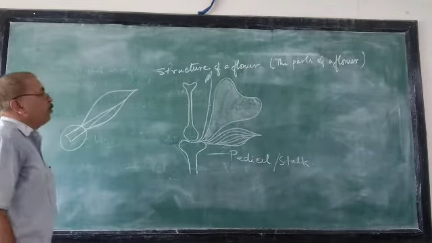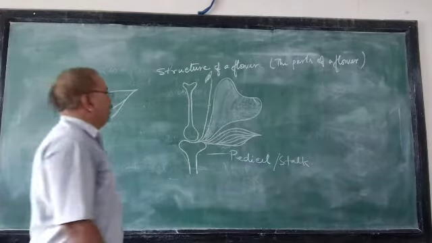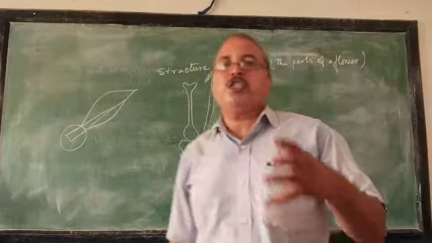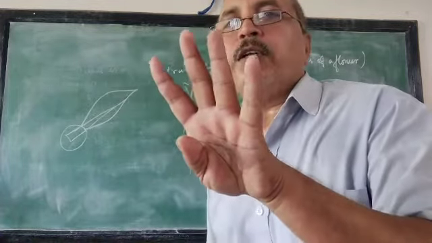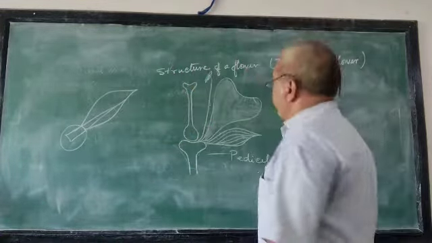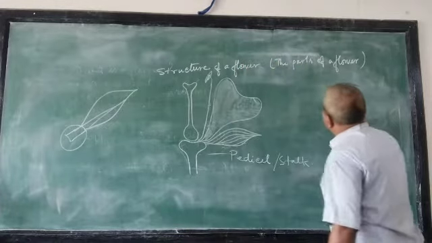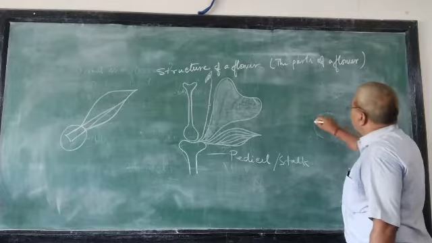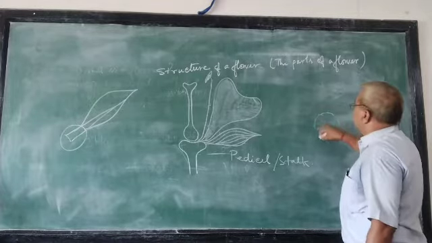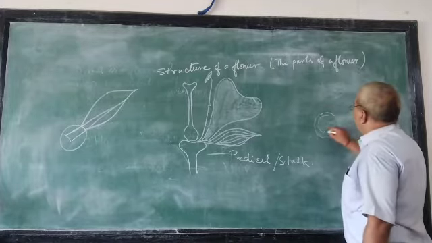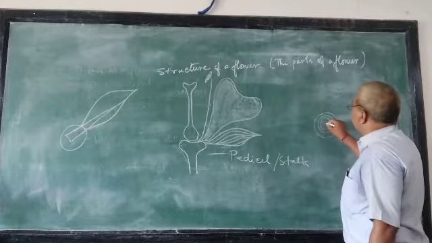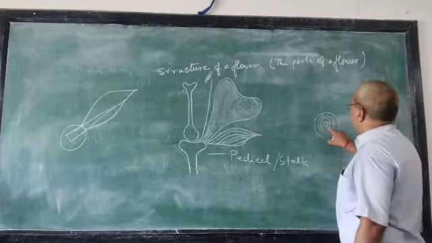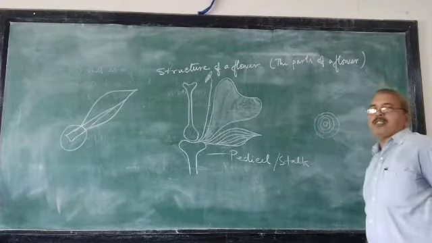Clear? So a bisexual flower is basically made up of four, how many? Four different whorls. Whorls means one circle. On the circumference of the circle, parts are arranged. Then one more inside, then one more inside, and at the last. So how many whorls are there? 1, 2, 3, 4. Four circles.